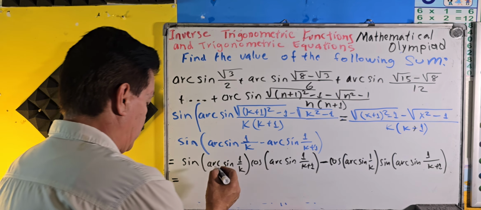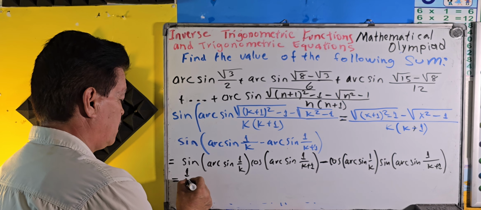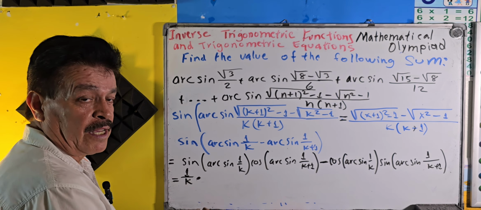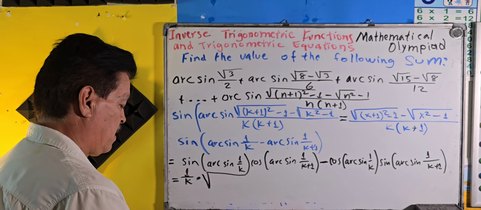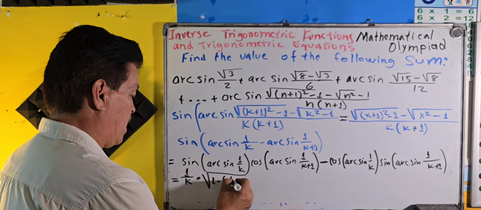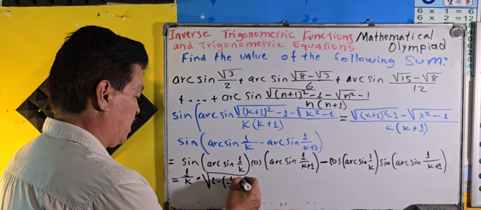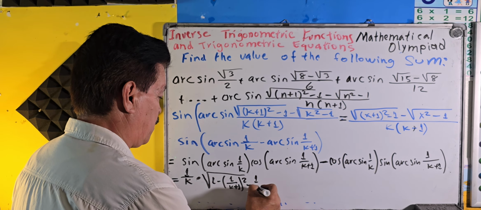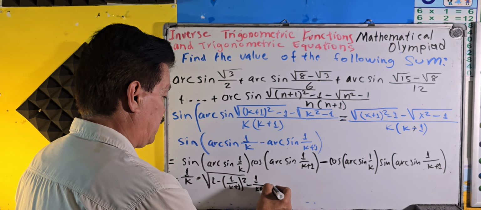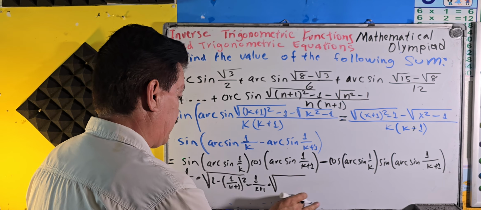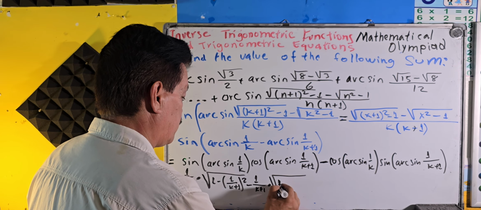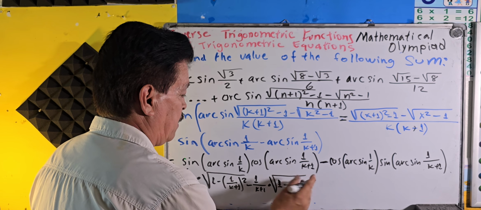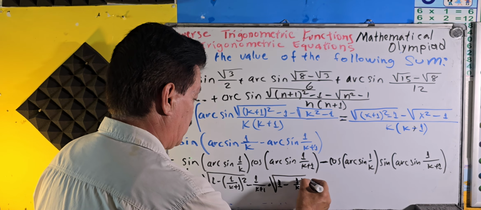Equals 1 divided by k times the square root of 1 minus 1 divided by k plus 1, remember, in the denominator, to the second power, minus 1 divided by k plus 1 times the square root of 1 minus 1 divided by k to the second power.